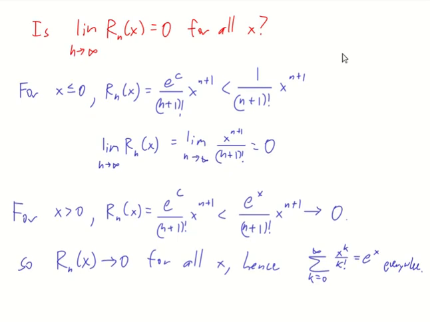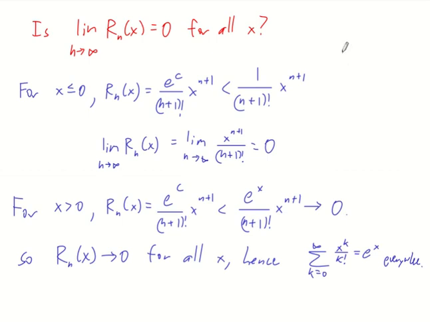What's interesting about this is that now that we know what e to the x equals and that it converges for all values of x, we can actually redefine the number e to be the value of the summation of 1 to the k over k factorial. So if we replace x with 1, we just get 1 over k factorial. So 1 plus 1 over 1 factorial plus 1 over 2 factorial plus 1 over 3 factorial.